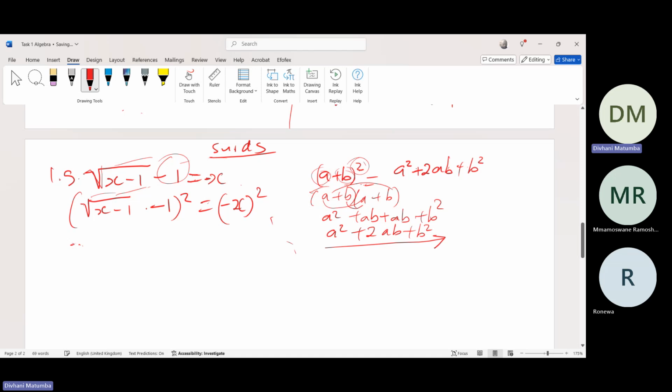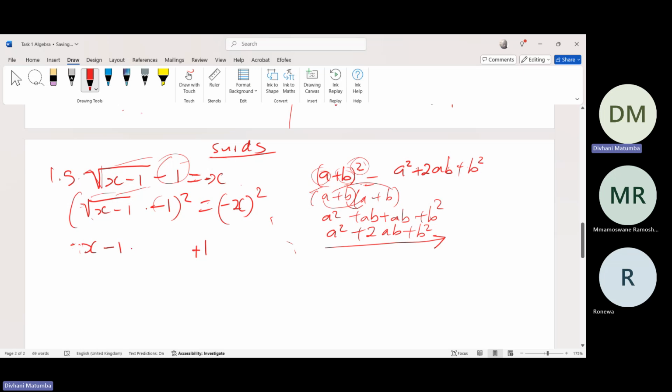I'm going to give the square root a square. That means I'm taking out the umbrella. Then I'm going to square the second term and it will give me plus 1. But what is it that is going to be in the middle?